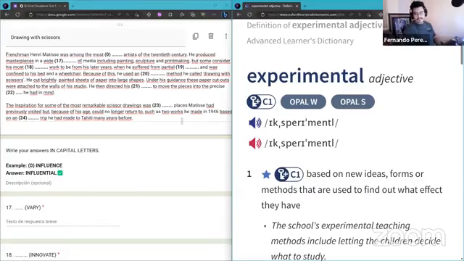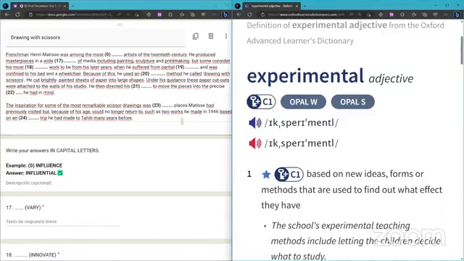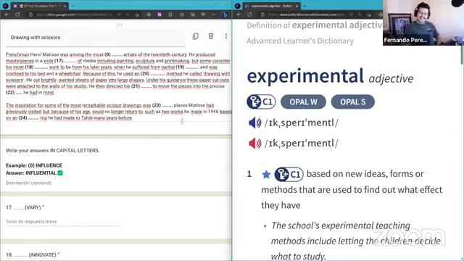Based on new ideas, forms, or methods. So, an experimental method. Does it make sense? Oh, yes. Cool. Very good. All right, let's go to the next one.